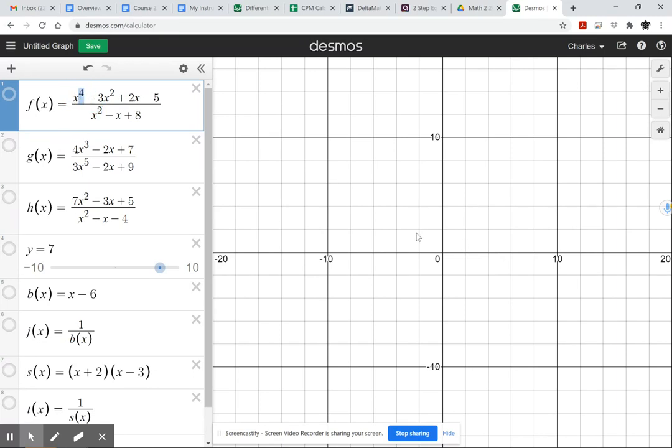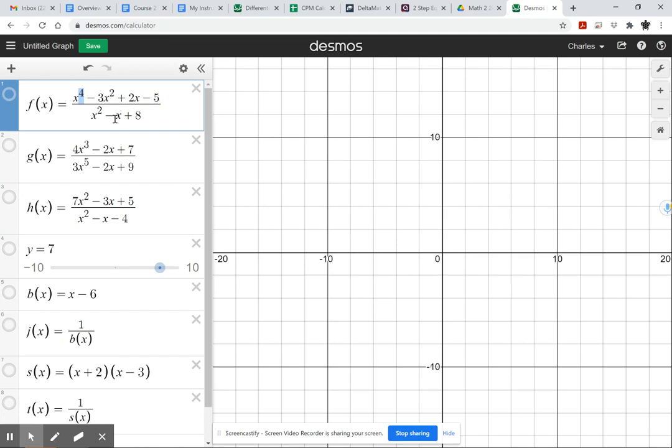When we're close to 0, when we're close to 10 even, this 3x squared and 2x and 5, they matter. This negative x, this plus 8, they matter. They affect the value of the expression. But when we get up to like 100 or 100 million, these terms are not going to matter at all.